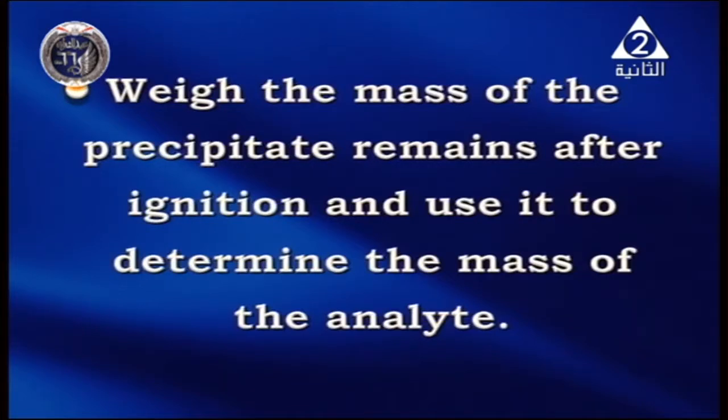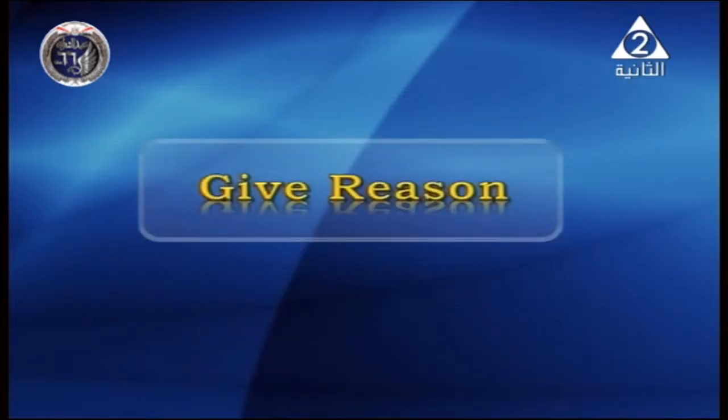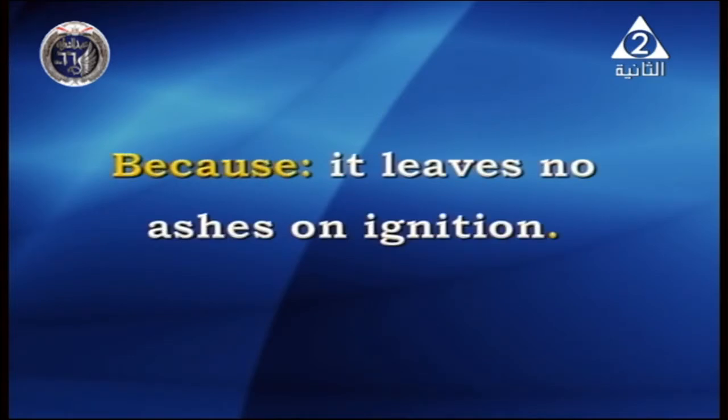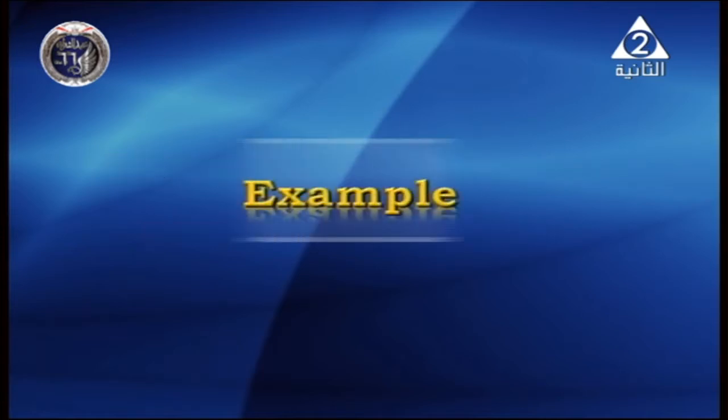Then weigh the mass of the precipitate that remains after ignition and use it to determine the mass of the analyte. Give reason: ashless filter paper is used in the chemical analysis by precipitation method because it leaves no ashes on ignition.